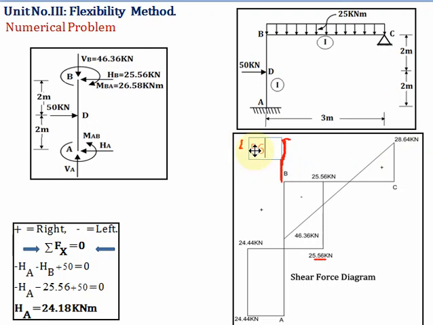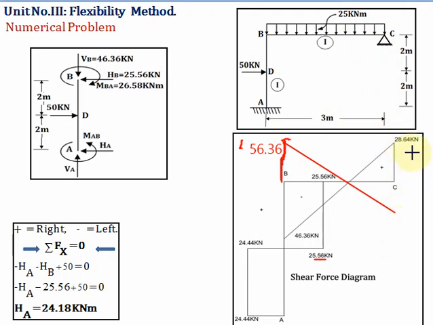Now here there is a UDL, so 25 into 3 is 75. So here you have to join by an inclined line. So here the value will be 56.36 minus 25 into 3, that is 75. So 56.36 minus 75, this value will be equal to minus 18.64.